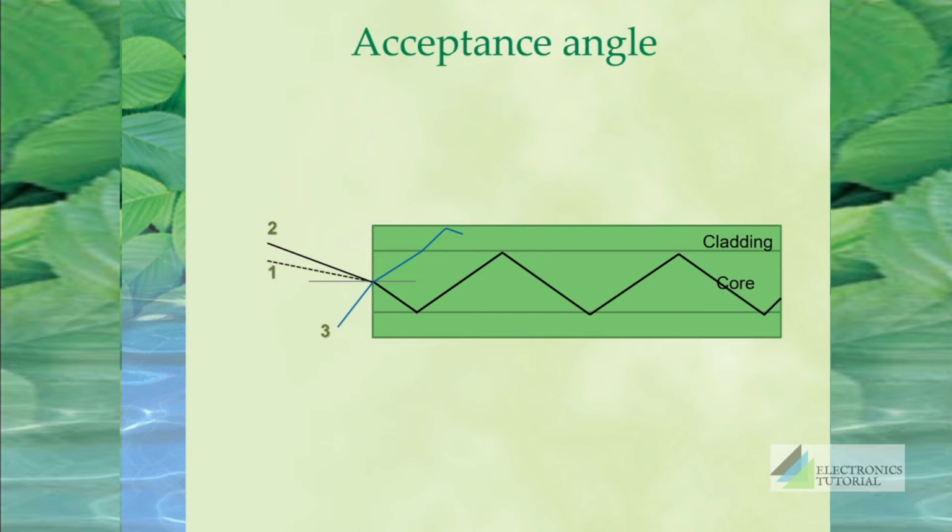Considering the three-dimensional effect, we can say that there is a cone of acceptance, which we can term the acceptance cone. It can be defined by the conical half angle theta A. Theta A is the acceptance angle.